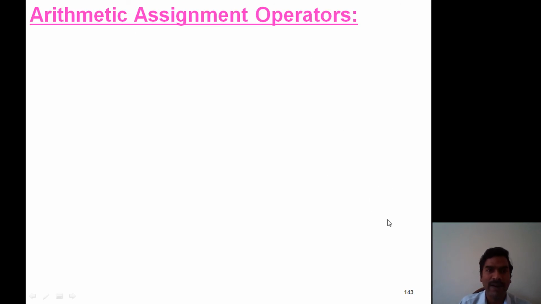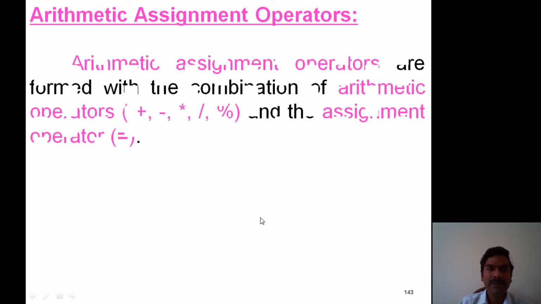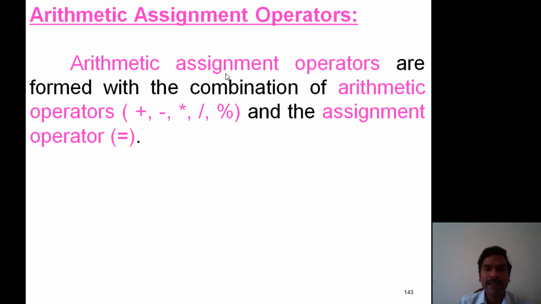Here we consider one format, arithmetic assignment operators. Arithmetic assignment operators are formed with the combination of arithmetic operators and the assignment operator. So when arithmetic operators are combined with the assignment operator, it forms arithmetic assignment operators.